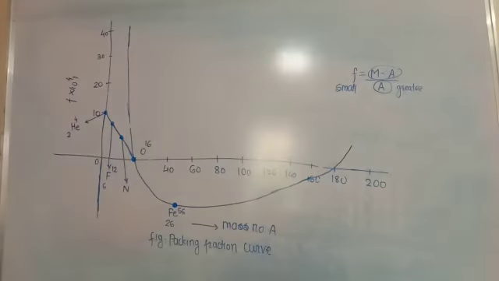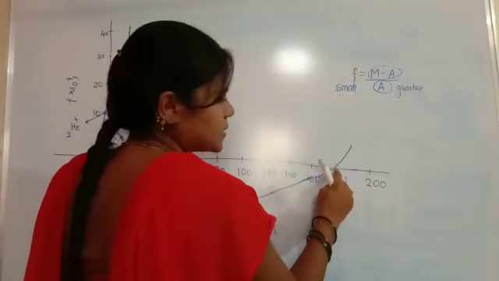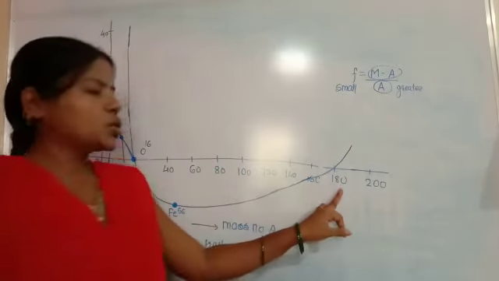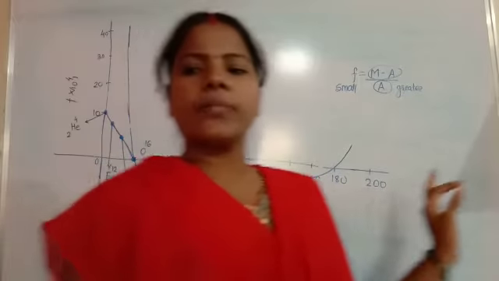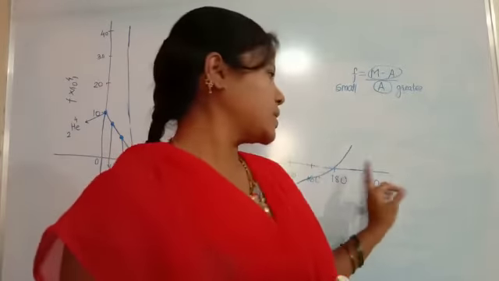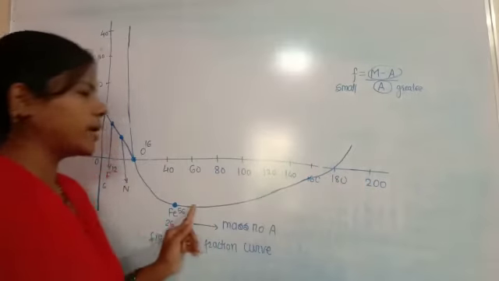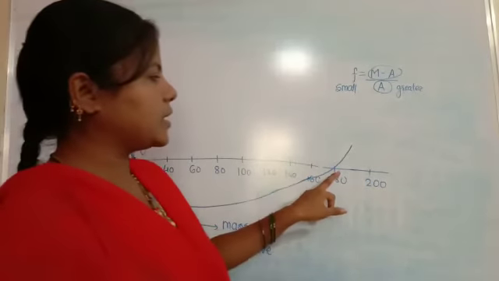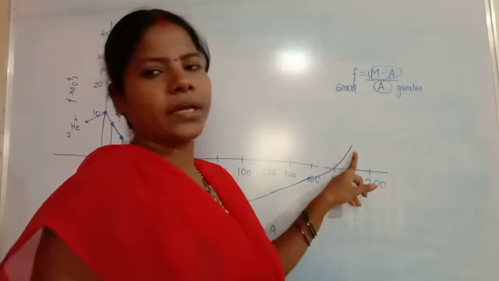So for the heavy nuclei beyond 180, this is the 0 point again, and the packing fraction is a positive value. Here is the 0 value, here a negative value, then above 180 there is a positive value again.